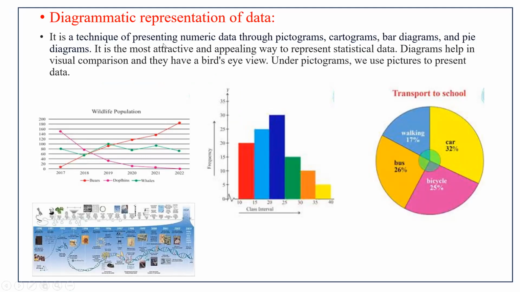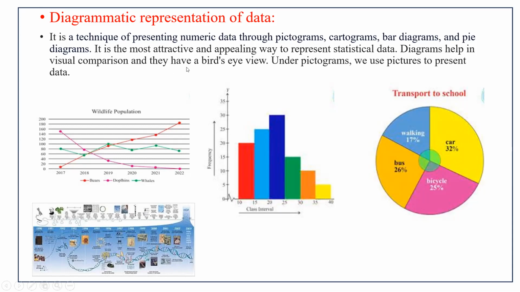Then what is the diagrammatic representation of data? In diagrammatic representation, obviously the numerical data is represented through pictograms, cartograms, bar diagrams, and pie diagrams. Even the line graph will also be considered here.